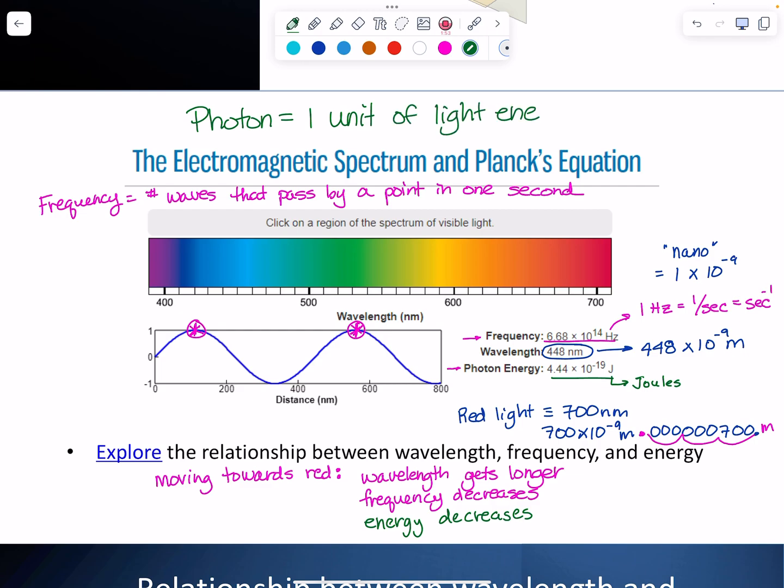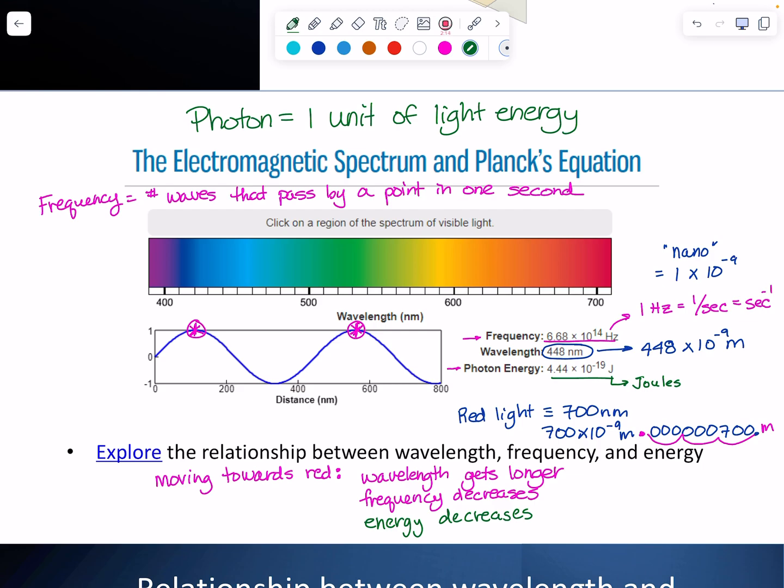If we wanted to describe a photon, we would describe it by its wavelength, a photon of 480 nanometers wavelength. And that would enable us to know something about its frequency and its energy.